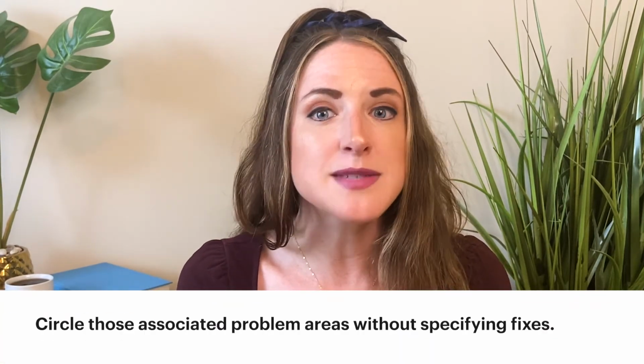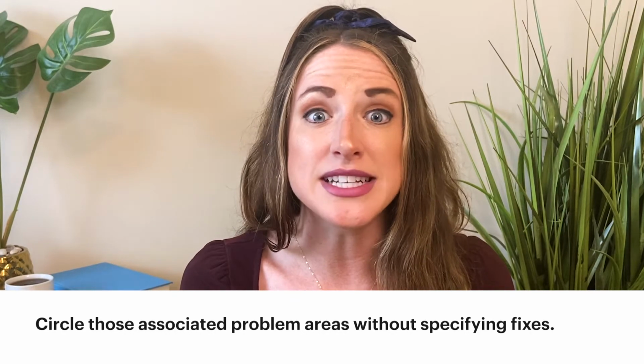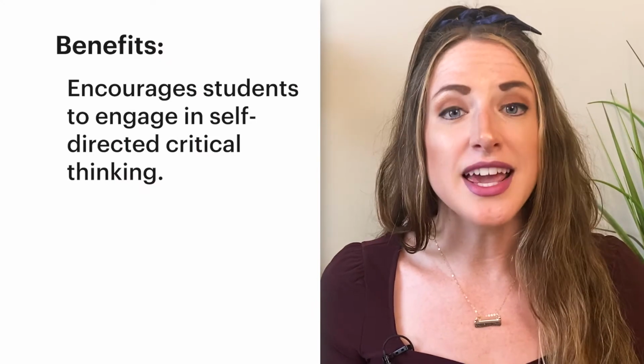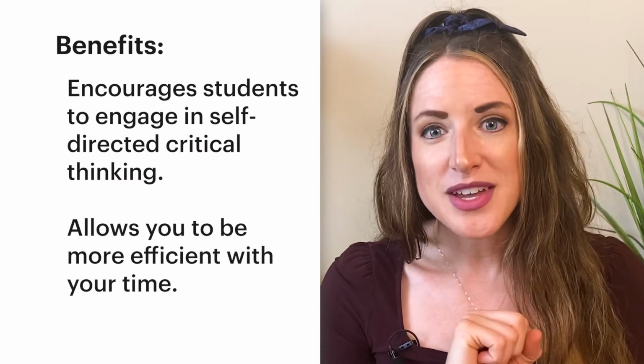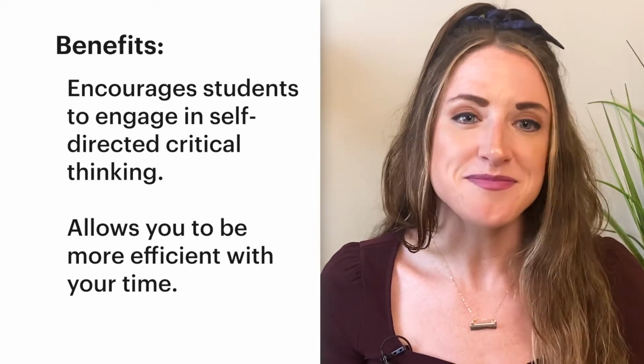Instead, just simply circle the associated problem areas without specifying what it is that they need to do exactly to fix each of those problem areas. That's going to be up to the learner. So in this way, prioritizing your feedback actually accomplishes 2 things. 1, it encourages students to engage in that self-directed critical thinking. And 2, it allows you to be more efficient with your time.